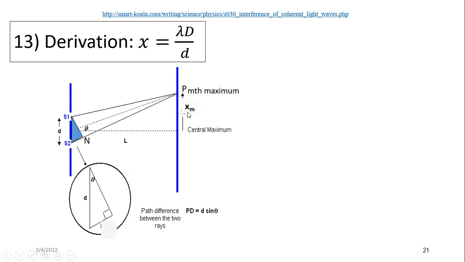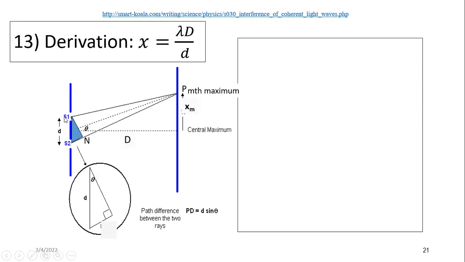Remember, XM is the distance from the center to the Mth bright fringe. That distance from the double slit to the screen is capital D. That distance from center to center of S1 and S2 is called small d.